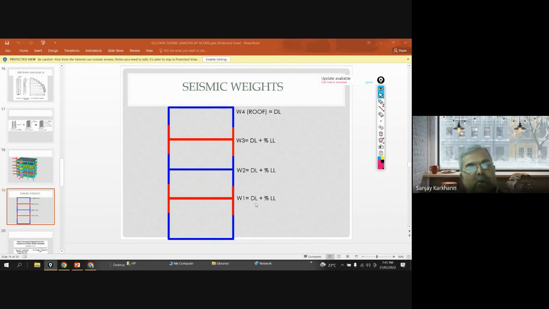So I will consider dead load every time and some percent of live load. Can you explain the idea behind this some percent? Let us say, for example, I'm considering 50%, or maybe 30% or maybe 20%. If I'm considering 40%, that means I'm neglecting 60% of live load for calculation of seismic weight.